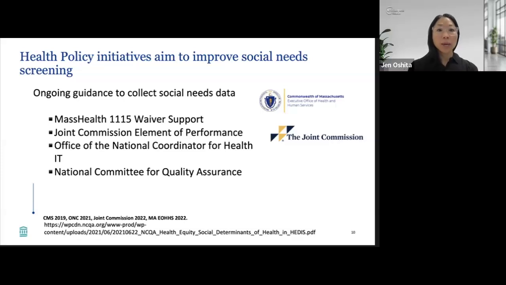The Office of the National Coordinator for Health IT, which is the federal authority on health IT for our national health system, requires that all EHRs have standardized builds to collect social needs data, and the NCQA, or the National Committee for Quality Assurance, in their HEDIS measures also collects social needs data. So there is this national and growing recognition of the importance of collecting this data.